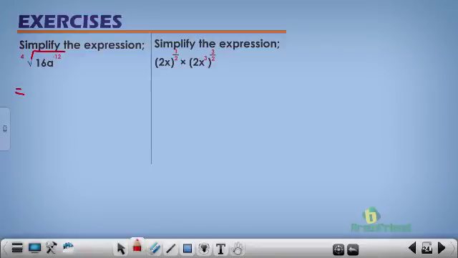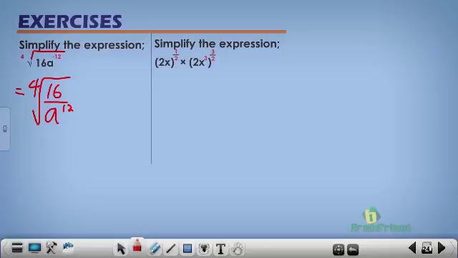This could be broken down in two parts. But first, let's simplify this. We would have 16 all over a raised to power 12, and then we have the fourth root of all of this.